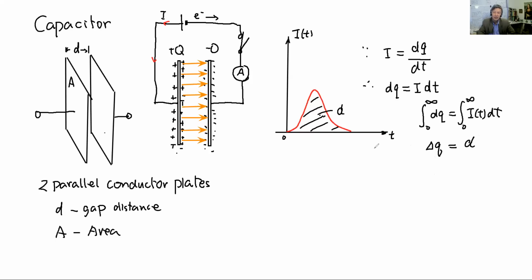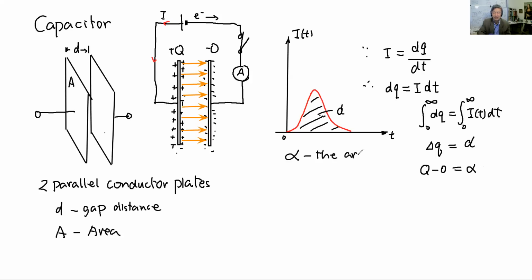So that is the Q. I still use capital Q, sometimes we have to. That's okay, we're not doing thermophysics. So Q minus Q0 equals this alpha, which is the area.